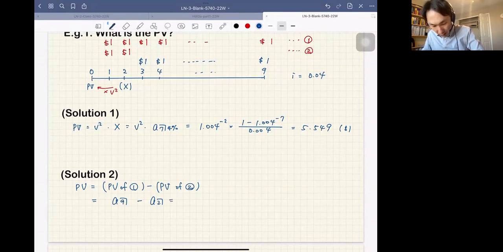So this becomes 1 minus v to the 9th power over i, minus 1 minus v squared over i.